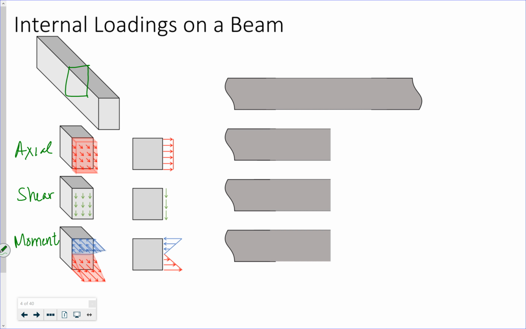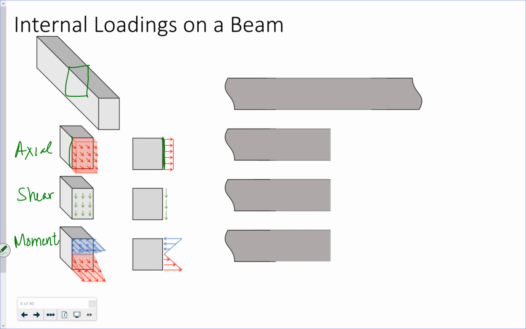That's looking at it in two dimensions. If I multiply by the width and I just look at the elevation view, my stress distribution becomes a distribution along the height of the axial stress, the shear stress, and the stresses that result in a moment, right?